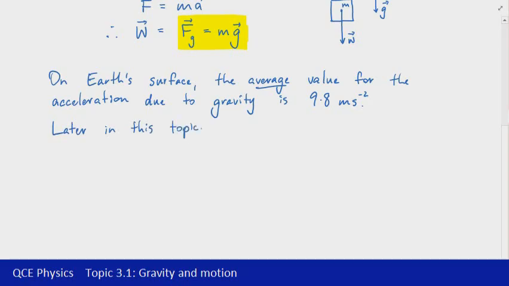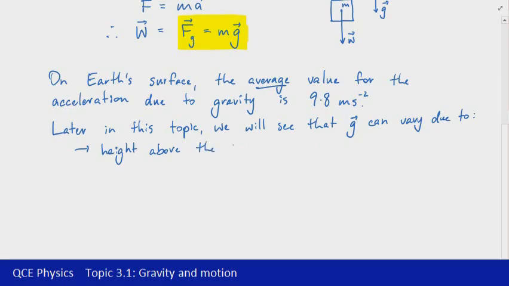It can change, and the value of g can vary due to a few different factors. The first is that it can vary due to height above the Earth's surface. It can also vary due to which planet you're on.